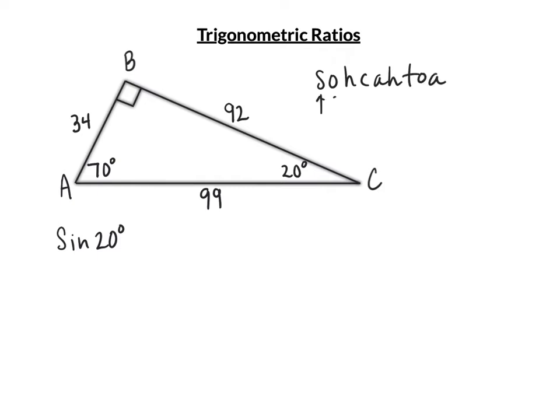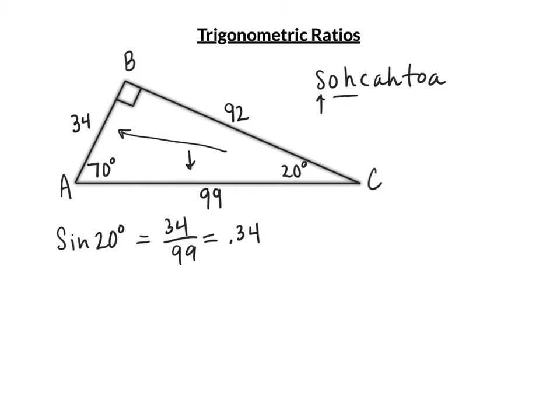Sine is opposite over hypotenuse. Opposite, it's 34 over hypotenuse. Opposite the right angle is a 99. Then we go to the calculator and we divide those, and this is approximate, so I'm just going to round to the 100th. 0.34, about.